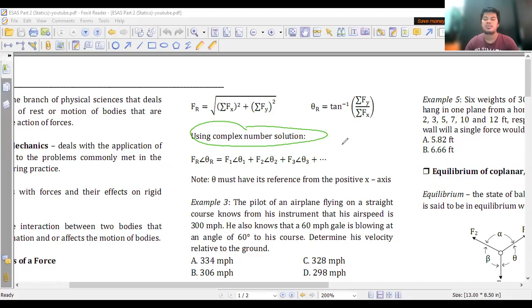Okay, so now we have to take a look at examples 3 and 4, for coplanar and concurrent forces.